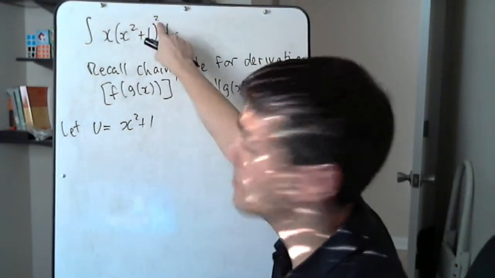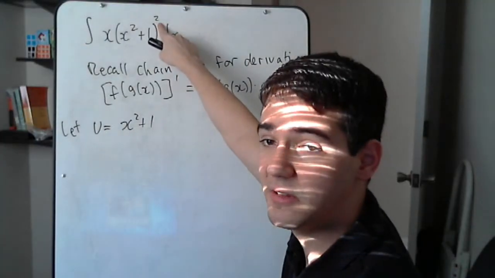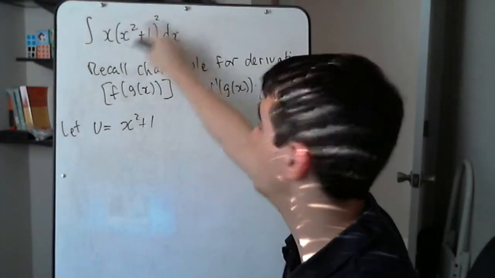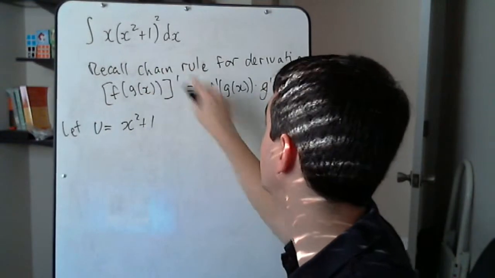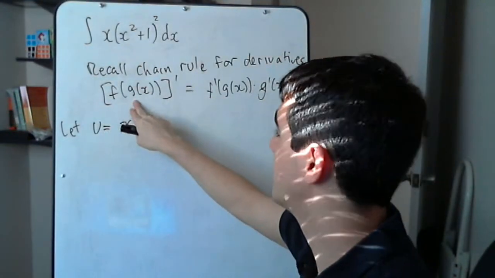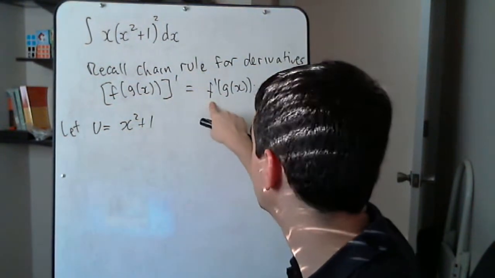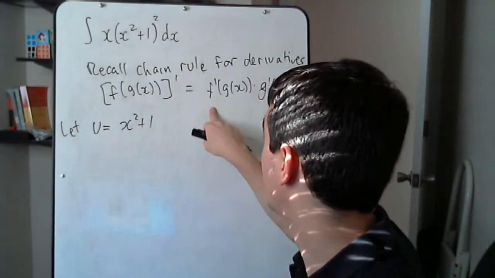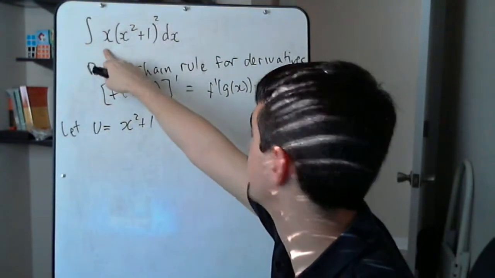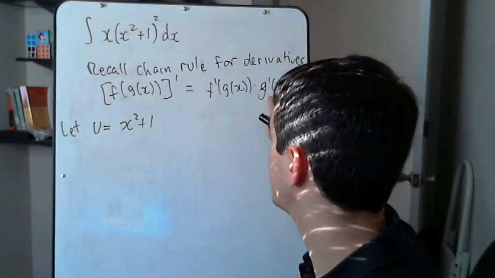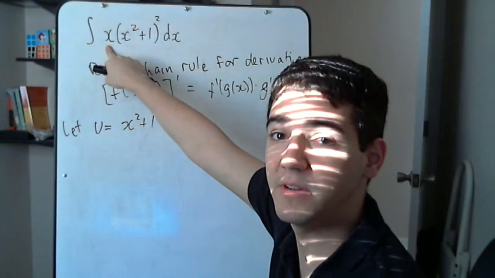Now, since this is the outer function, we don't really care what happens to this. We only care what happens to this, because when we take the derivative of this, remember, it's what comes out. Notice that the derivative of the inner function, this g prime right here, sort of needs to match this.